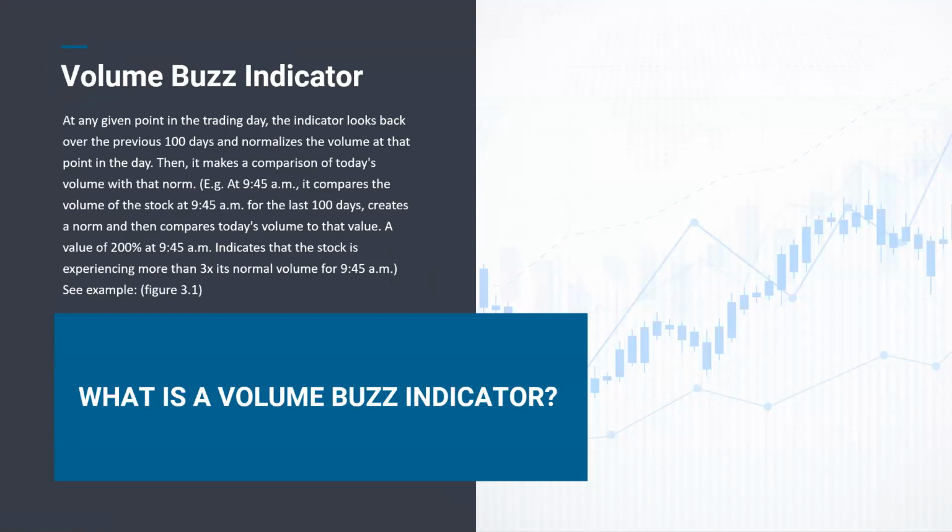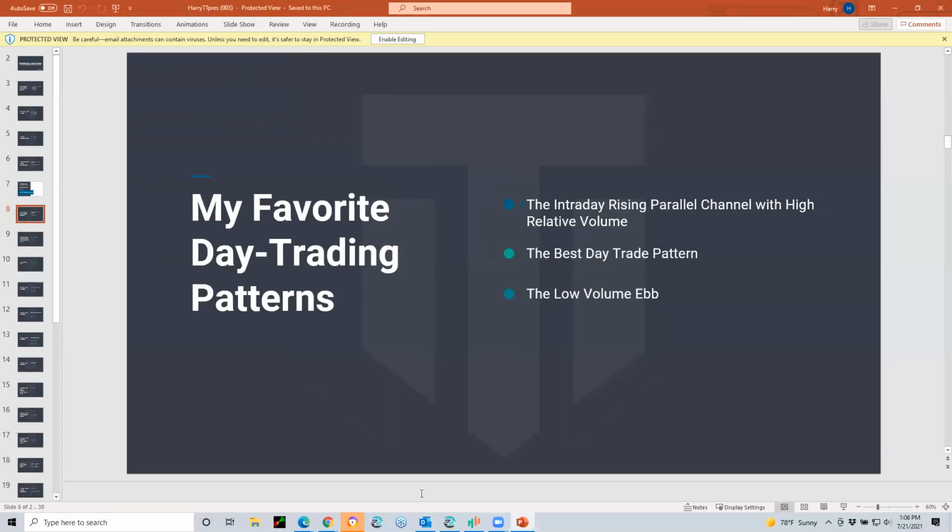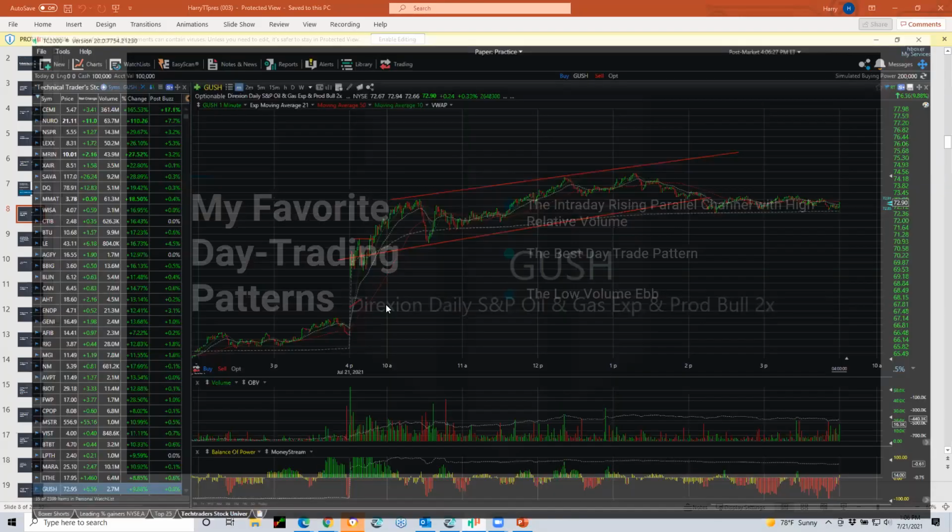In other words, 15 minutes after the opening, we can compare what the volume is that day compared to the average of the last 100 days. It's very cool. And when you actually see the charts, you'll see that the volume percent gains on some of these stocks are amazing.